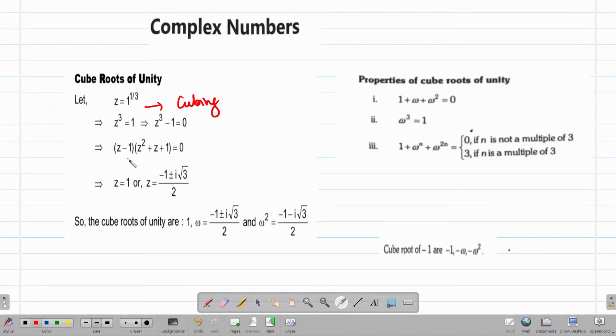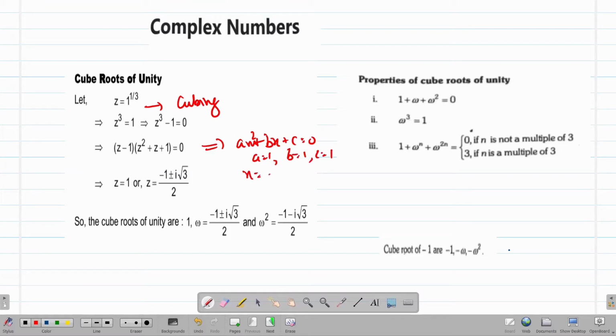From here either z is equal to 1 or from here using the quadratic equation, roots of quadratic equations are minus b plus minus root of b square minus 4ac upon 2a. Like here, if we compare this with this equation, ax square plus bx plus c equal to 0. So here a is equal to 1, b is equal to 1, c is equal to 1.